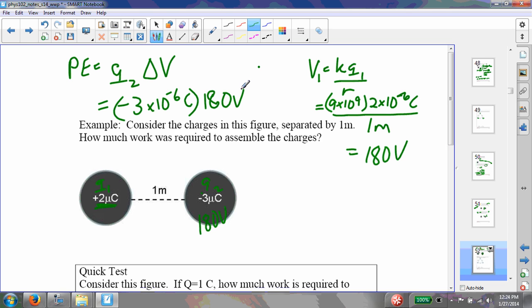And that's negative 5 times 10 to the minus 4 joules. That is the potential energy contained here.